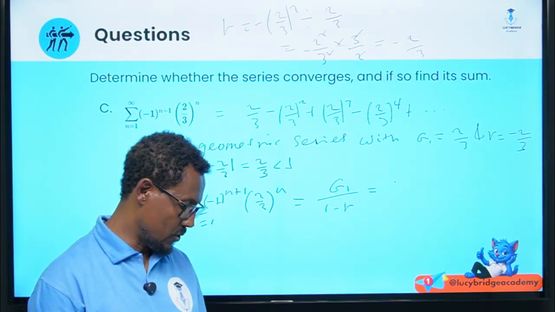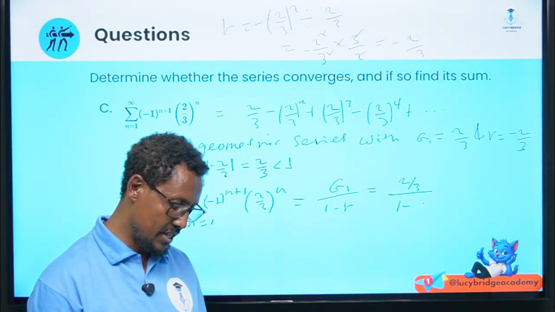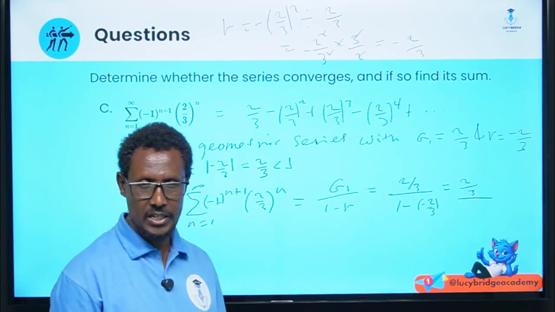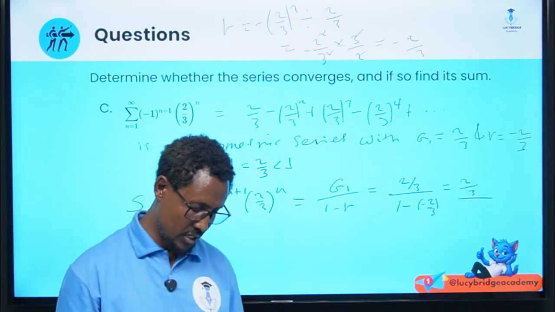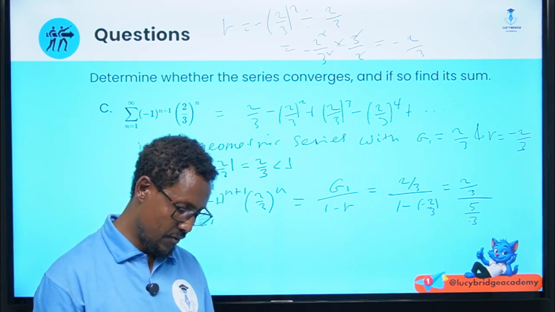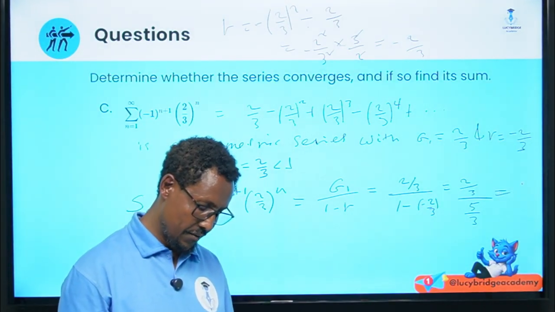So 2 over 3 over 1 minus R, which is minus 2 over 3, which means 2 over 3 over 1 plus 2 over 3. 3 times 1 is 3, 3 plus 2 is 5 over 3. So it is 2 over 3 divided by 5 over 3, 3 by 3 cancel, it is 2 over 5.